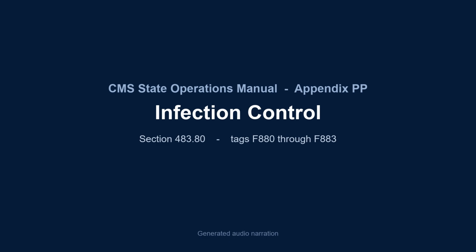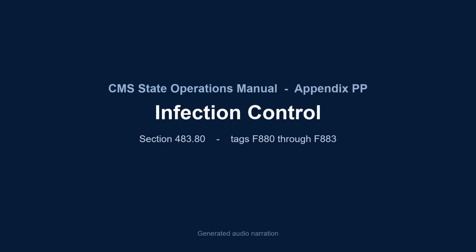Tag F882. Section 483.80(b) Infection Preventionist. The facility must designate one or more individual(s) as the infection preventionist(s), IP(s), who are responsible for the facility's IPCP.